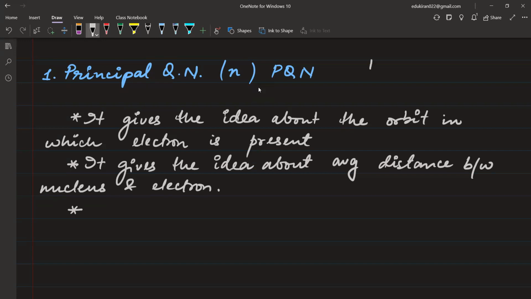Now, you will learn a bit later on. See, when we have a positive charge here and the electron is negatively charged, there will be some kind of attraction. And whenever there is an attraction or repulsion, there is some kind of energy involved.